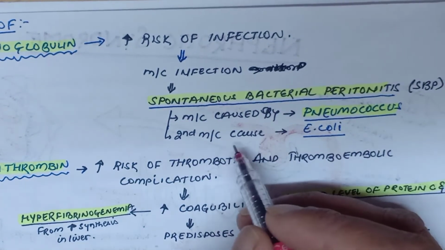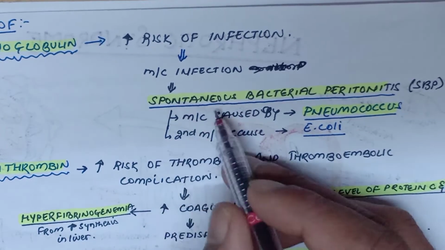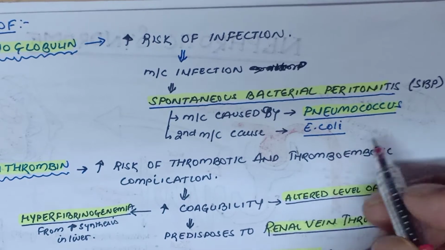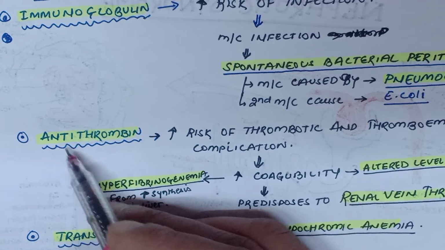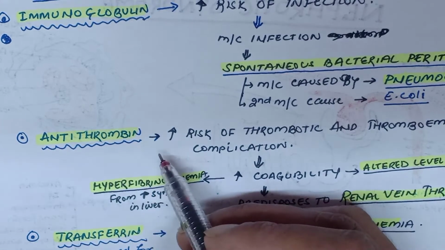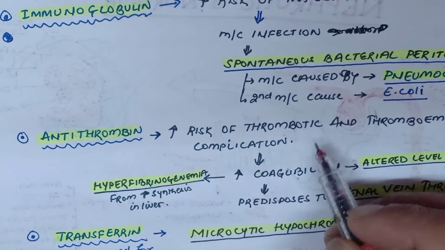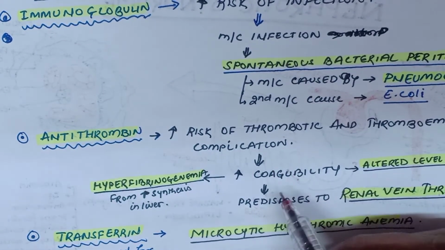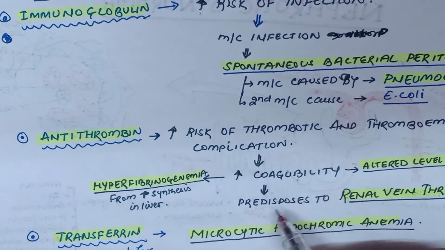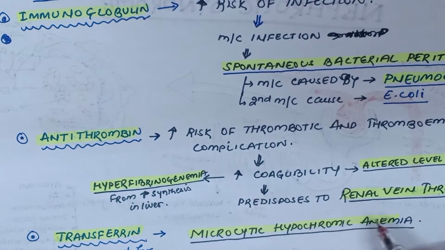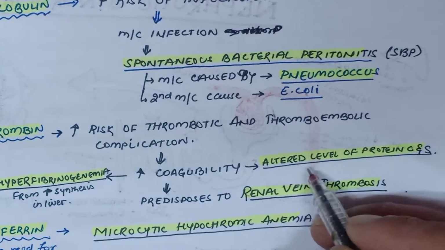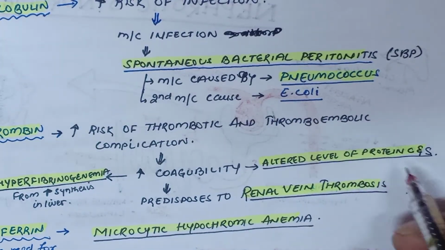The second most common cause is E. coli. There will also be loss of antithrombin, which will predispose the patient to increased risk of thrombotic and thromboembolic complications, resulting in hypercoagulability and predisposing the patient to renal vein thrombosis. This will also cause alteration in the levels of protein C and S.